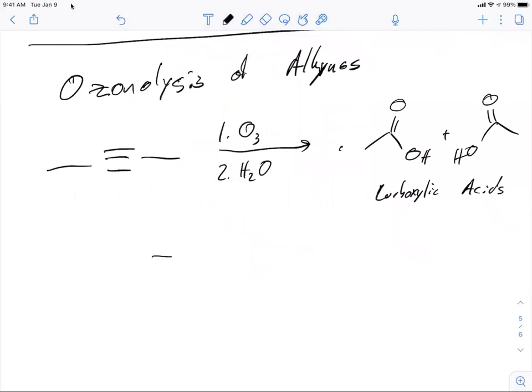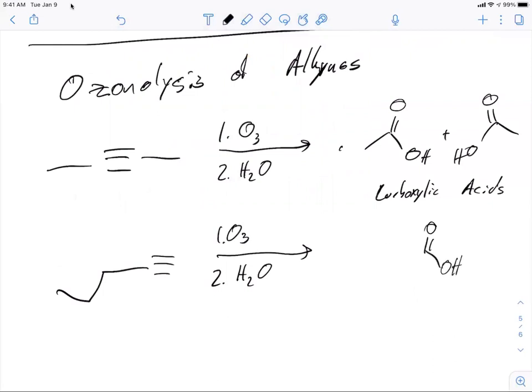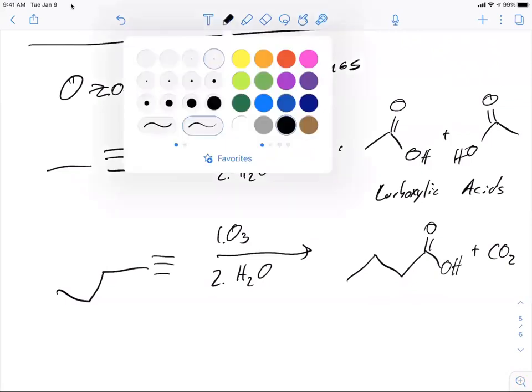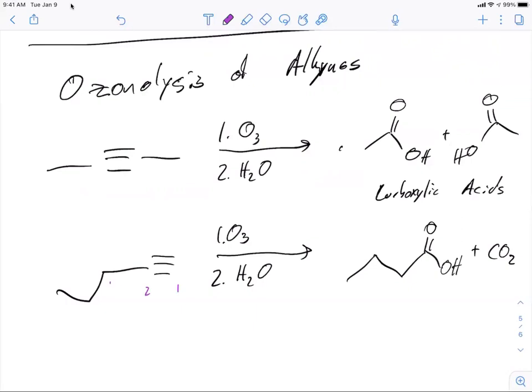The interesting thing about this is that we can also use this ozone as a way to decrease our number of carbons. So if we look here, we have 1, 2, 3, 4, 5 carbons.